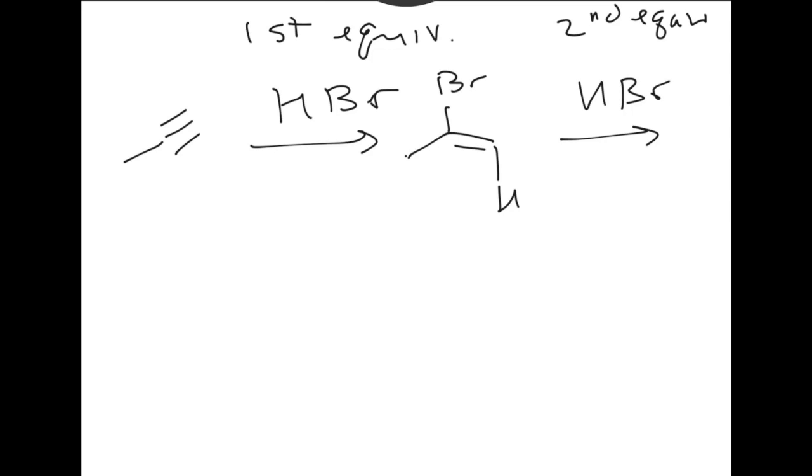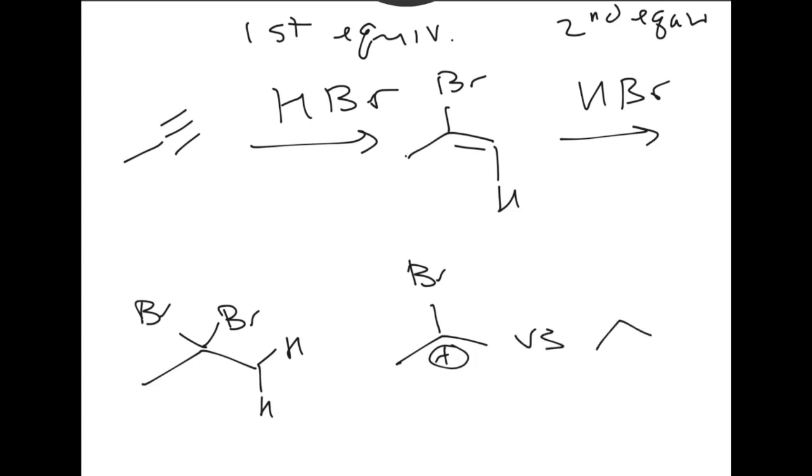It's reacting with a double bond. So now it follows all the double bond rules, right? It's like, hey, I have to follow Markovnikov's rule. I put the hydrogen on the carbon that has the most hydrogens. I put my halide on the carbon that has the least hydrogens. So that means I'm going to put my hydrogen over here, bromide here, right? So you're comparing basically this carbocation versus that carbocation, right? Secondary carbocation is better than a primary. Bromines end up on the same carbon.